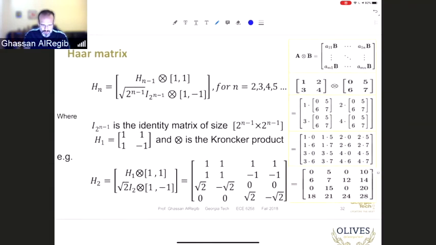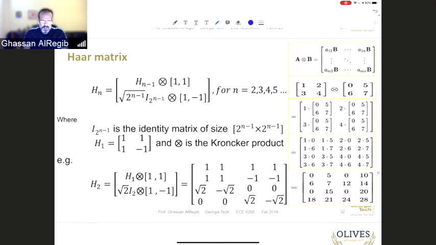Now what is H? The definition of H sub n is iterative. I can calculate H sub n from H n minus 1 using this matrix. There are two things here. H1, the Haar transform at the first level, is 1, 1, and 1, negative 1. And then we have what we call the canonical product, with an example on the right-hand side.